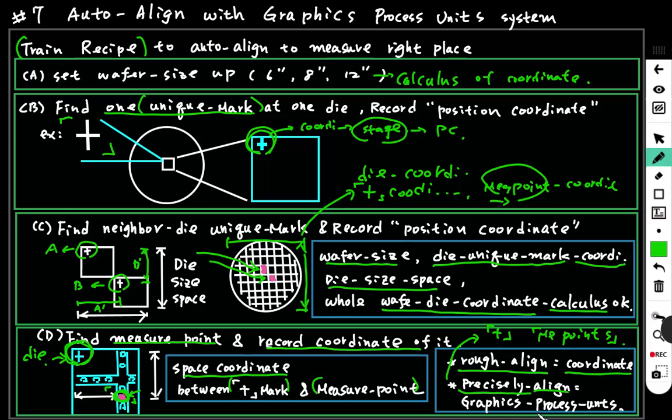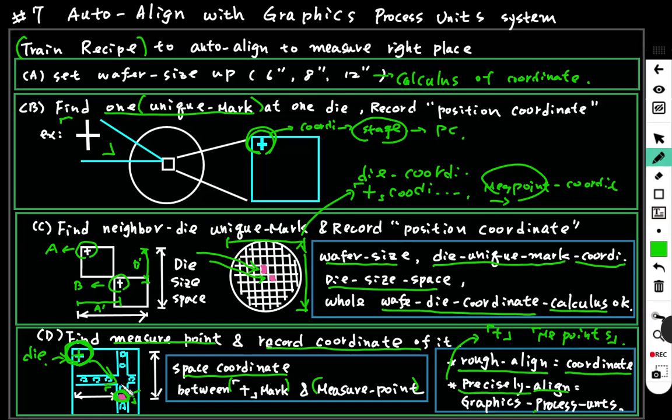So you can see the measuring with your video monitor. The computer will find the cross mark roughly, use the coordinate, and it will correct the wafer mark by its graphics process units system to make it more precise.